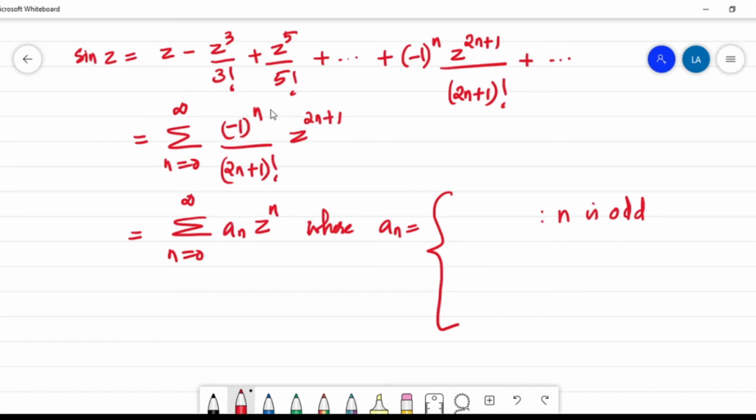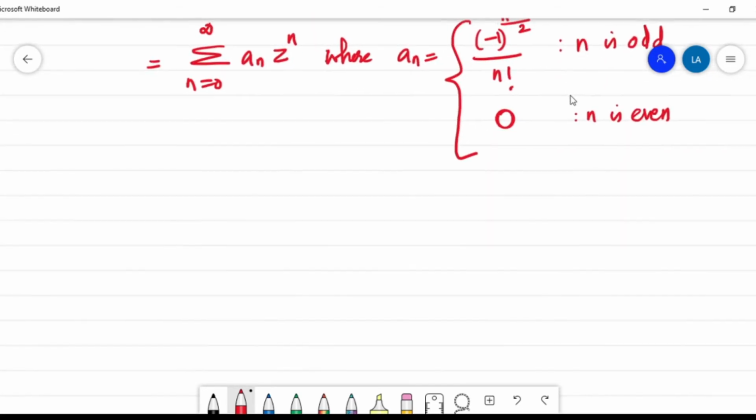So how to relate both of them? 2n plus 1 minus 1 divided by 2, that will be n, right? So if n is the term here, then n minus 1 divided by 2 will be the term there. So if n is the term here, minus 1 will have the power n minus 1 by 2. Okay, and in the denominator the same, that will be n factorial, and when n is even, we see that the coefficient is 0.